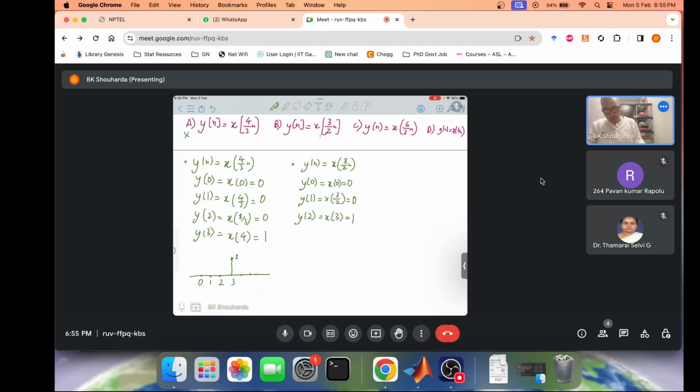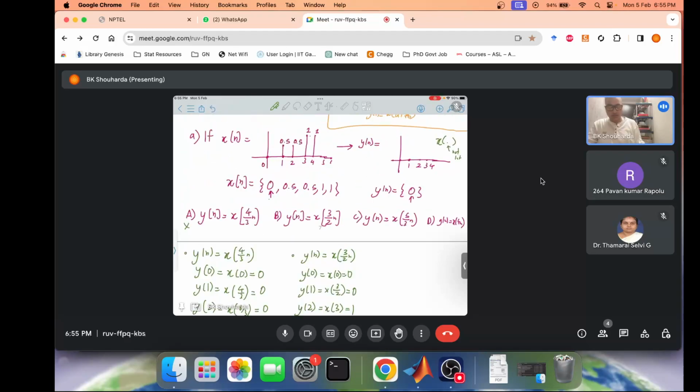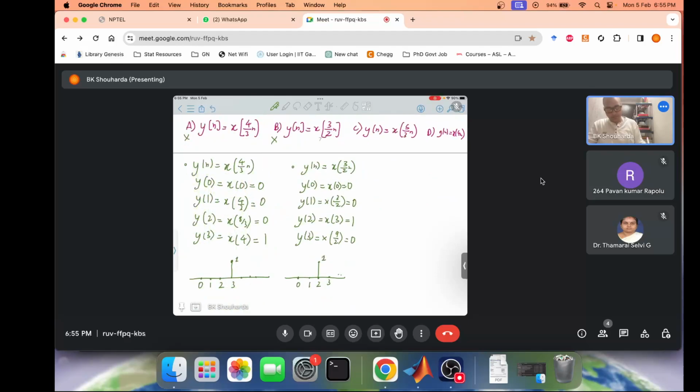That's 1. y[3] is x[9/2]. That's 0, and furthermore you get zeros. So the signal looks like 0, then at 2 it jumps up to 1. So it's once again non-zero, and you miss this out.